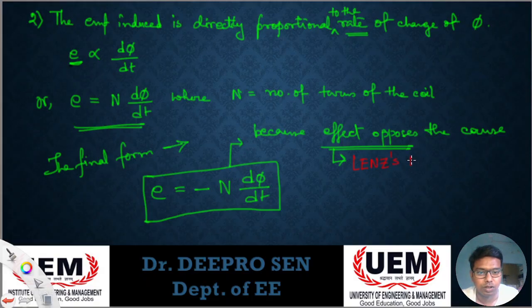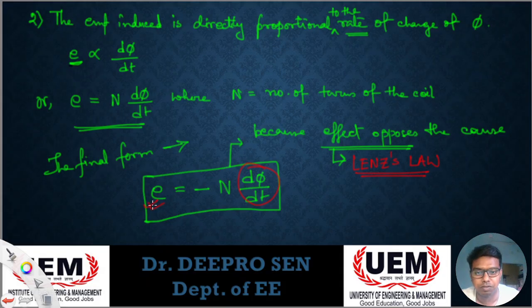Lenz's law is something which is very important, which states in a simple line, the effect opposes the cause. That means the rate of change of flux is the cause and the EMF induced is the effect.